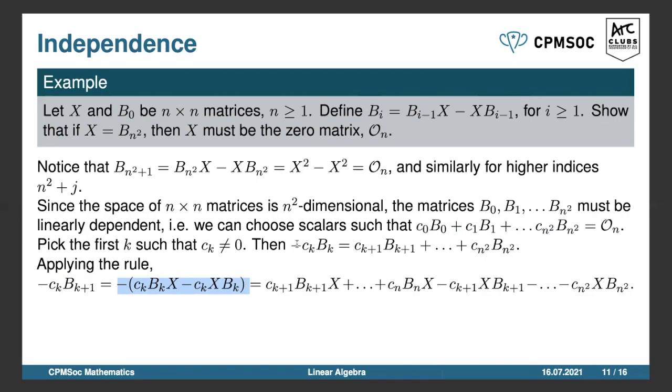If we expand this out, given this linear representation in terms of the other matrices, we end up with all of these times X on the right minus the same set with X on the left.